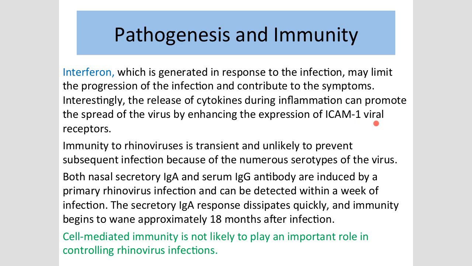And even if you have immunity per se, that is going to wane over time. So the chances are that you may not get infected by the same virus within that bracket of time, but there are 100 different serotypes, so you may get infected by another set of viruses.